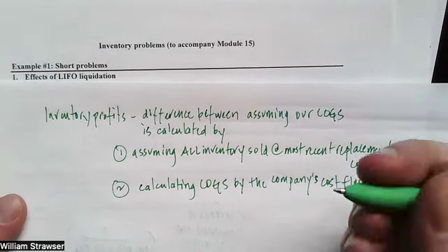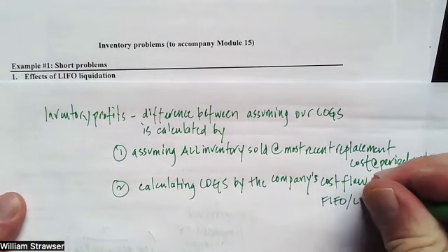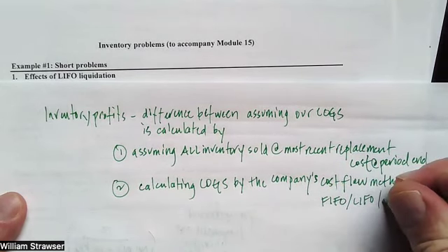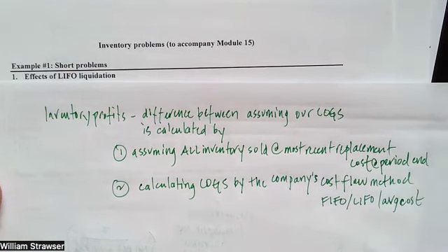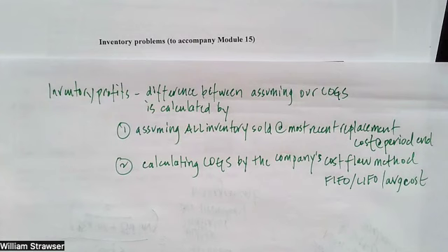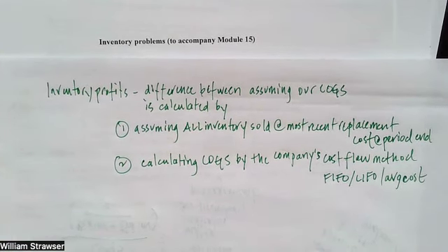So whether that be FIFO, LIFO, weighted average cost, doesn't matter. We take the difference between these two. So we take one, subtract two, and that's inventory profits.